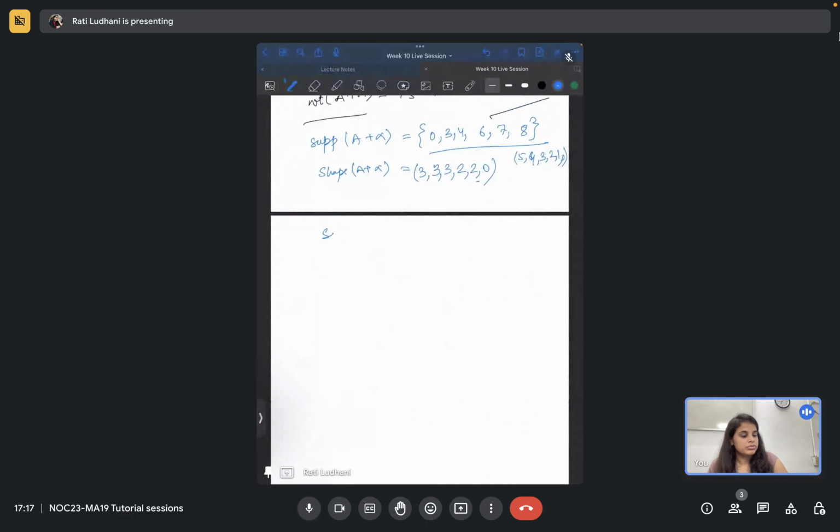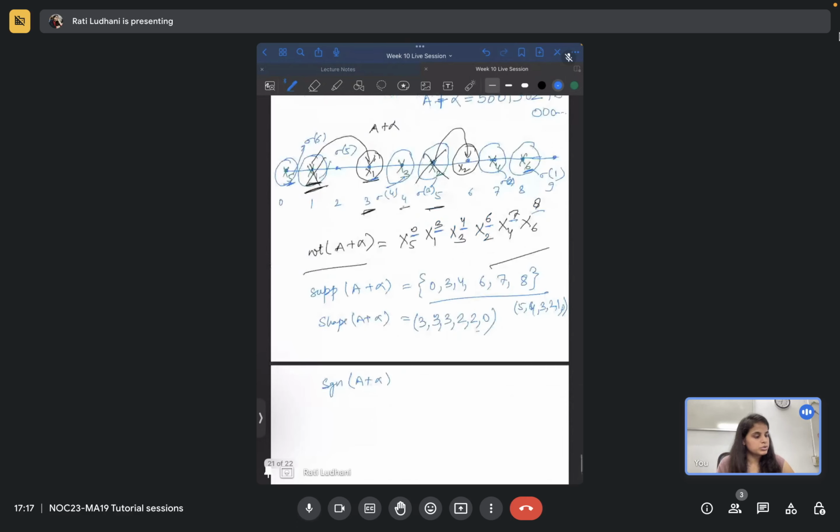Now sign of a plus alpha. So we'll again write. Now 1 goes to 6, 2 goes to 4, and 3 goes to, sorry, it will change if it collides.